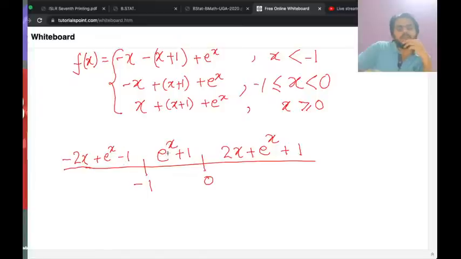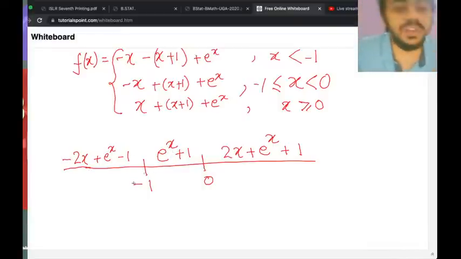And over here, not 0, I had to put minus 1, my bad. If I put minus 1, I will have e^(-1) plus 2 minus 1, which is 1. So I have e^(-1) plus 1 on both sides. So continuous over here as well.